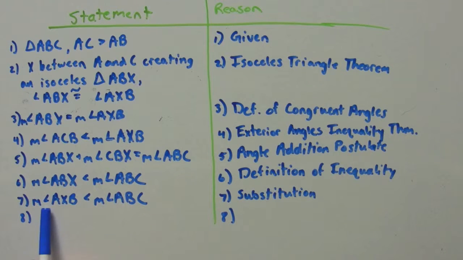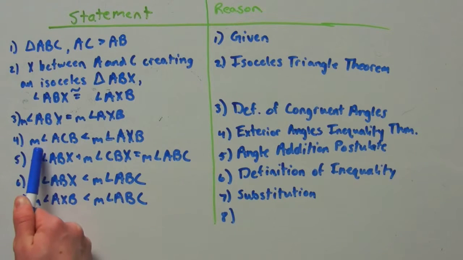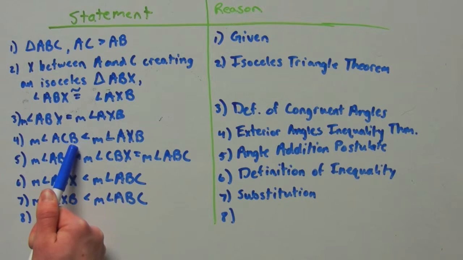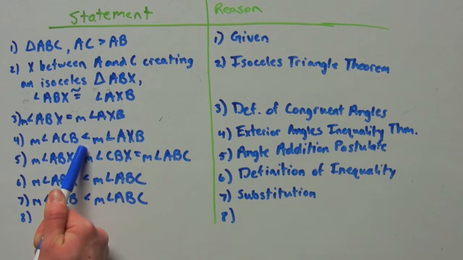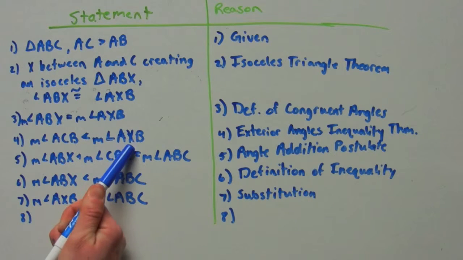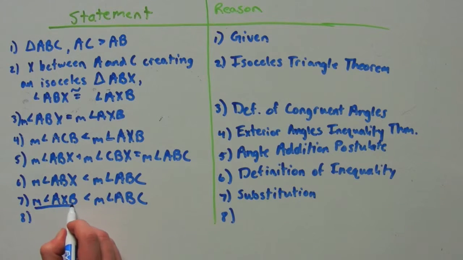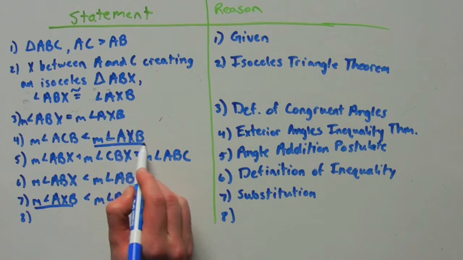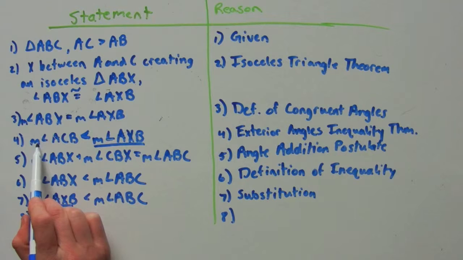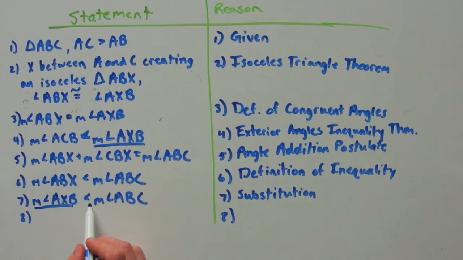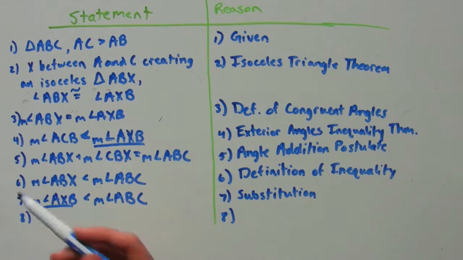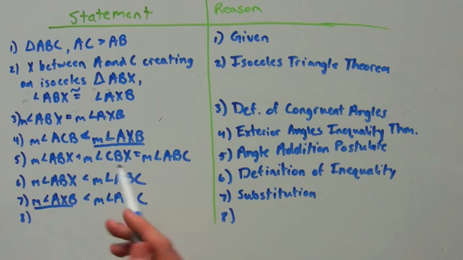We have that the measure of angle AXB is less than the measure of angle ABC. But we had up above that the measure of angle ACB was less than the measure of angle AXB. Here we have an AXB, and there we have an AXB. So ACB is less than the measure of angle ABC, and that would be by the transitive property of inequality.